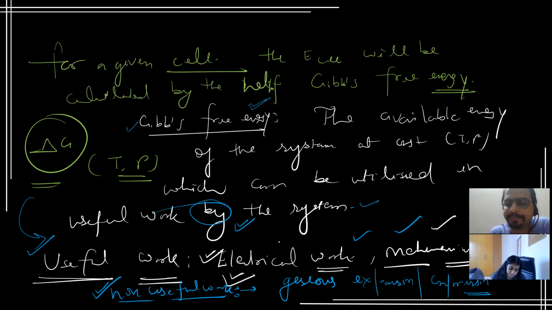Okay, any doubt? So far clear. Okay, so let me take the next page. So now there's a formula, delta G is equal to minus nFE naught cell.